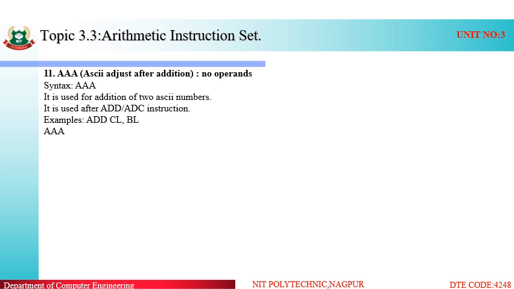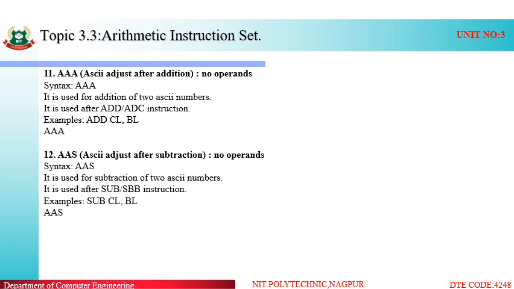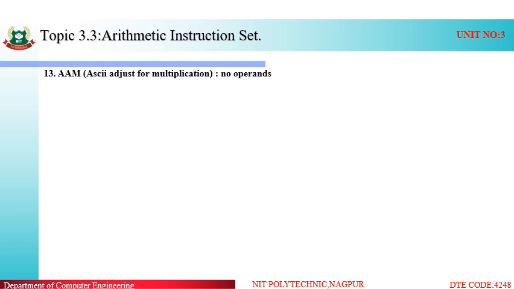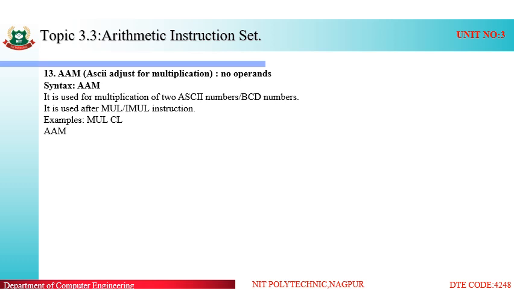So it is used for adding two ASCII numbers. Similarly, the instruction AAS is used for subtraction of two ASCII numbers. It will always be used after the SUB or SBB instruction. Next is ASCII adjust for multiplication.